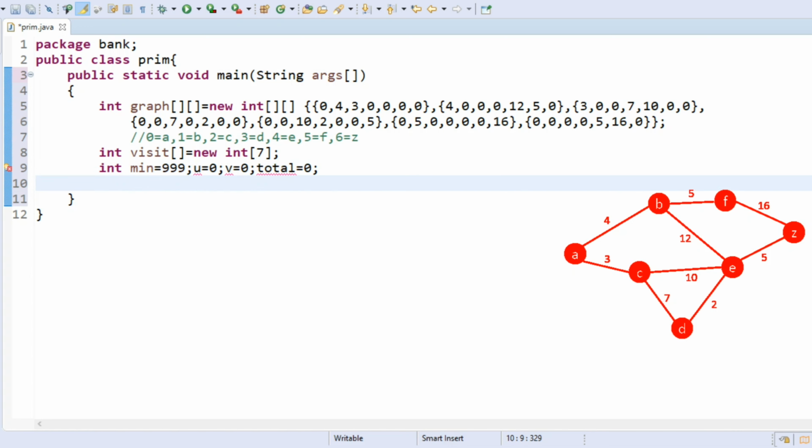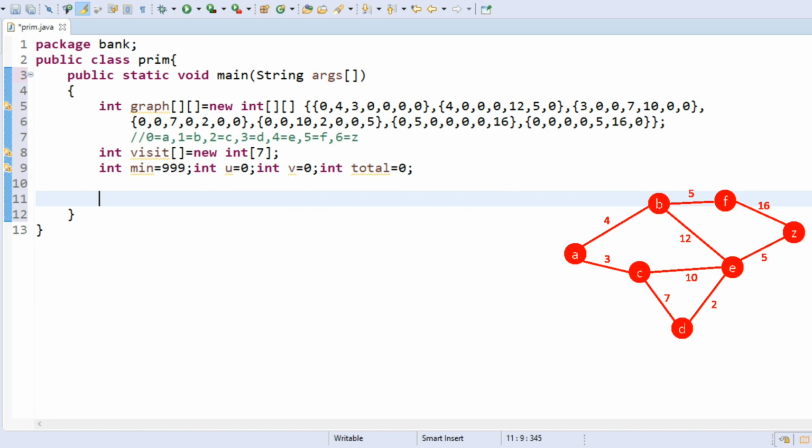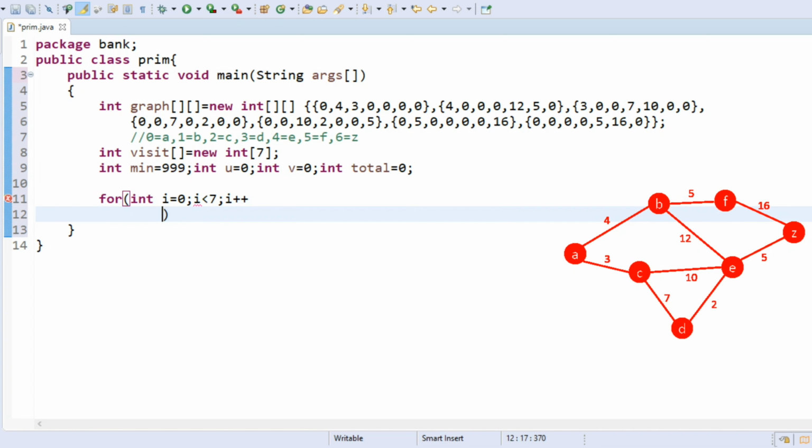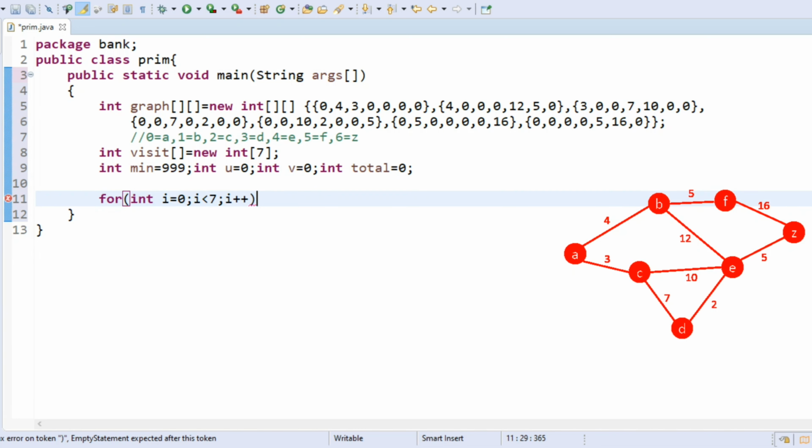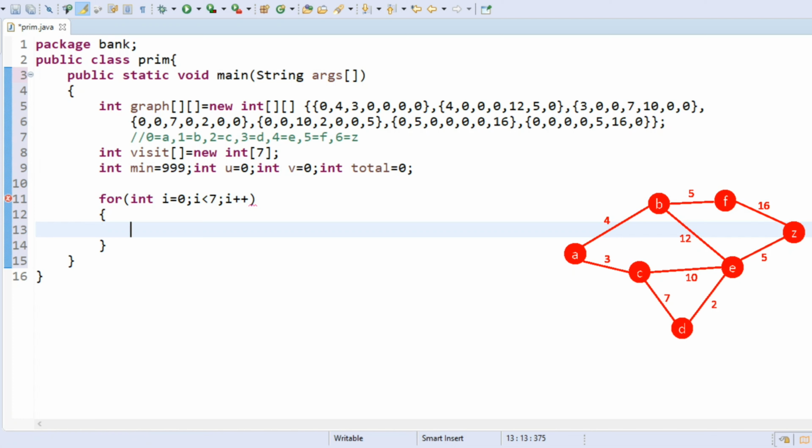Now I am going to take the visited vertex, that means the source vertex: for int i equals 0, i must be less than 7, i plus plus. So I took a for loop for taking the source vertex, and I represented it as visited of i equals 0.